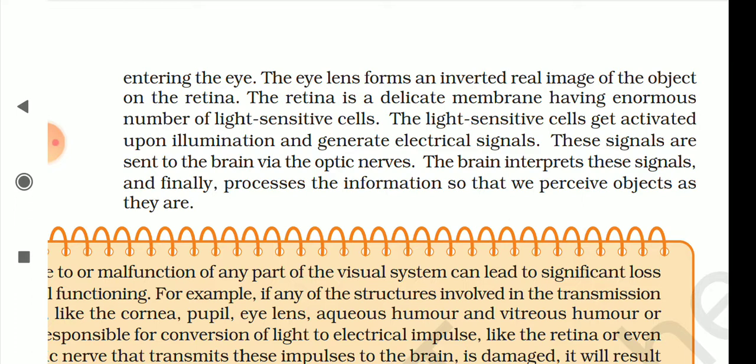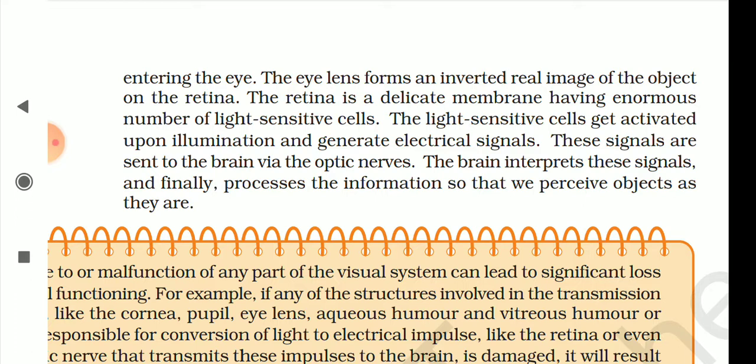Say it is our vehicle kept in front of us, then we will memorize this, yes, it's ours or it's not. Okay, the same way these light sensitive cells get activated upon illumination and generate electrical signals. These signals are sent to the brain via optic nerves.